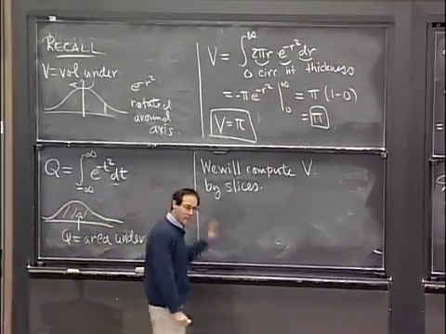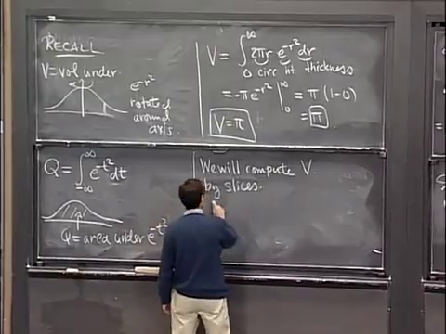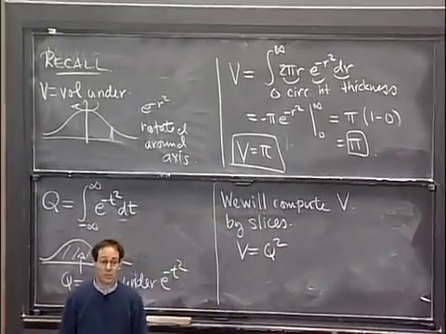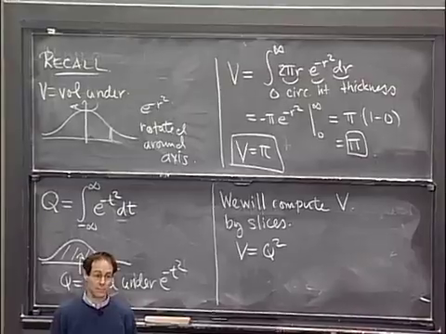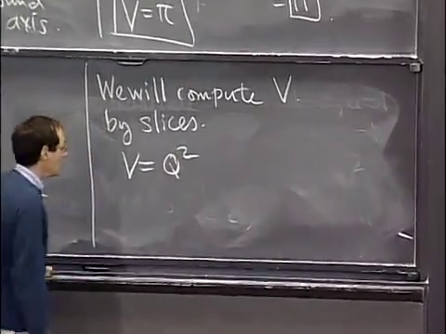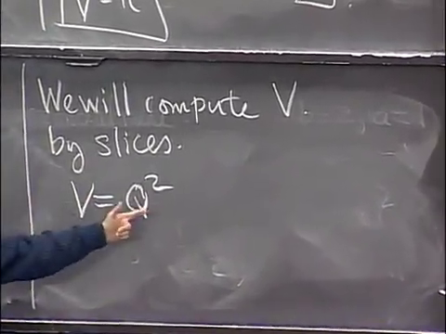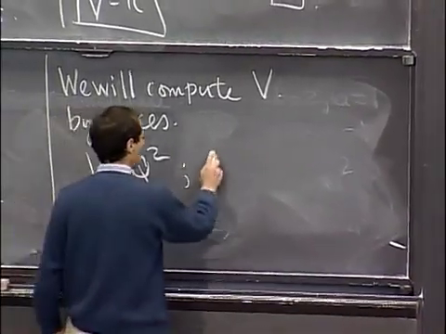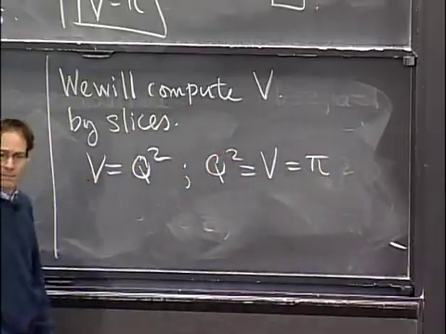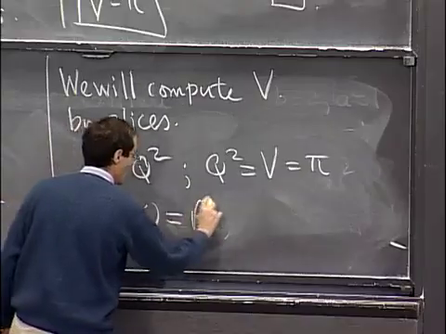And then, amazingly, what's going to happen is that we will discover that V is equal to Q squared. That's going to be what's going to come out. And that's the end of the computation that we want, because actually we already know what V is. We don't want to read this equation forward. We want to read it the other way. We want to say Q squared is equal to V, which we already know is pi. And so Q is equal to the square root of pi.